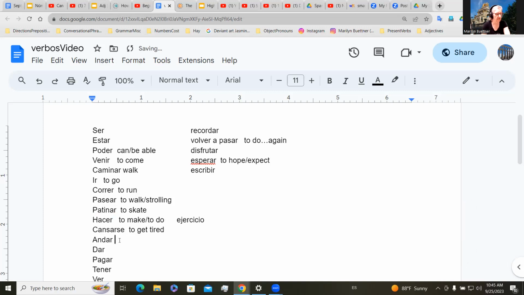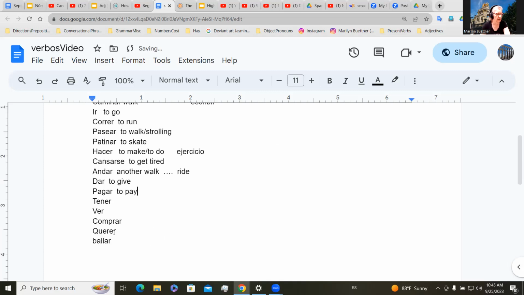Right? And that is another walk verb. And it's also used in some ways with ride. If somebody says andar en bicicleta, right? It's going on your bike. It's riding, right? Dar, to give. Pagar, to pay, right?